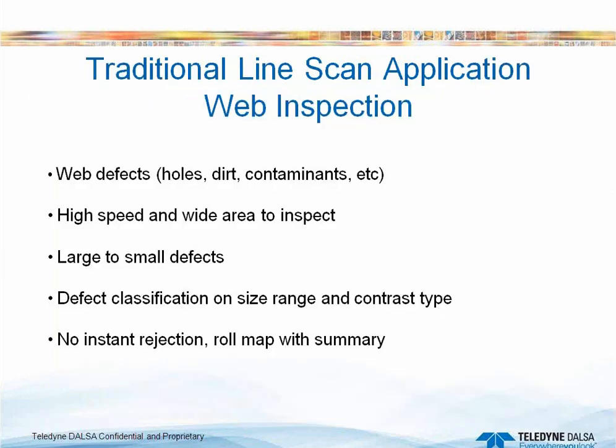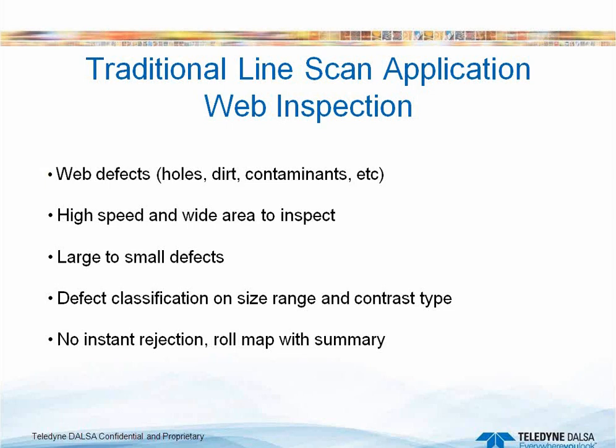Traditional line scan applications have been web inspection, because in the past it was very difficult to keep up with the speeds and the kind of resolutions that you needed on web material: paper, film, and so on. So what are the defects?